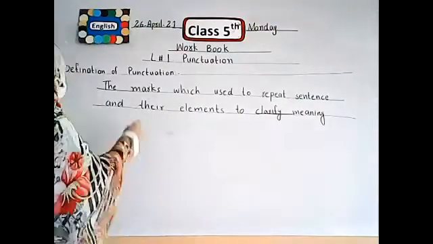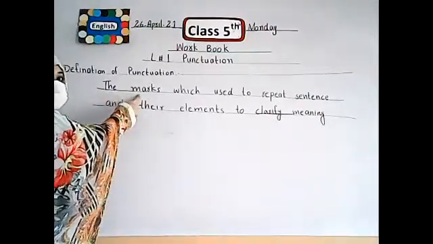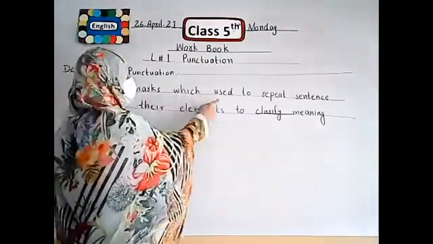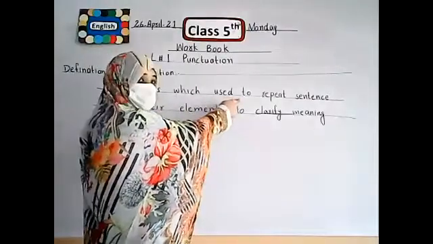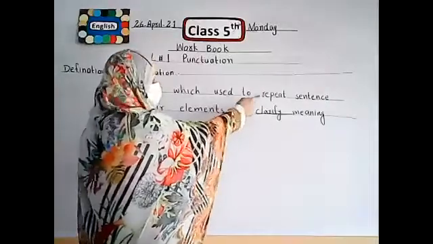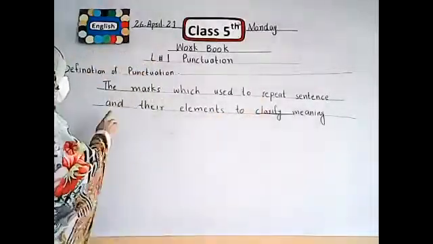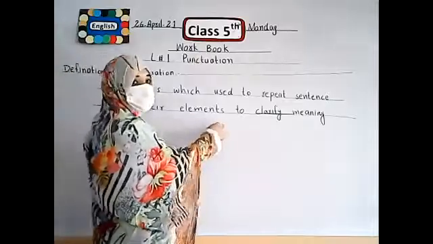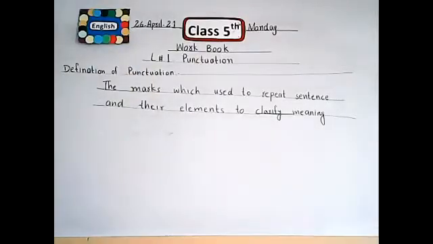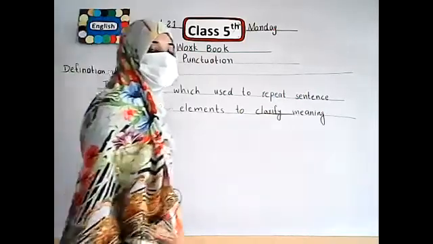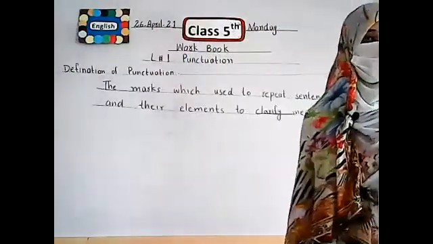Again, I revise the definition of punctuations. The marks mean symbols and signs which are used to repeat sentences and their different elements to clarify the meaning of the sentence. The signs which we use to explain and describe the meaning of a sentence are known as punctuations.